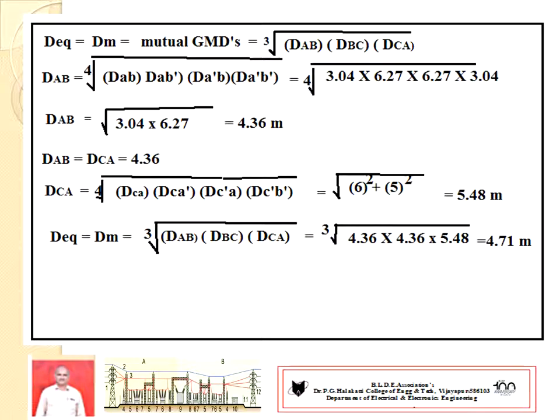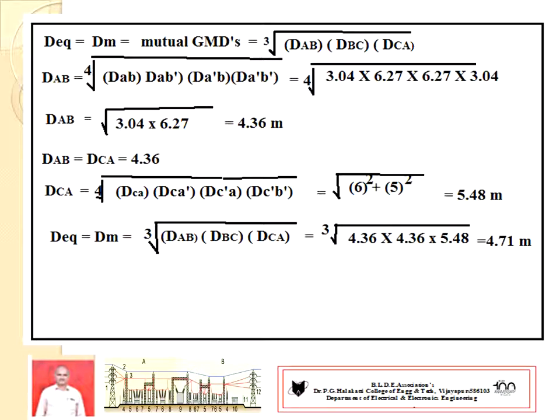Now the Dm value, the mutual GMD, is the cube root of Dab, Dbc, Dca. Dab equals the 4th root of Dab, Dab dash, Da dash b, Da dash b dash. Go for that value and you get 4.36 meters. Dbc and Dca are the same distances, 4.36 again.